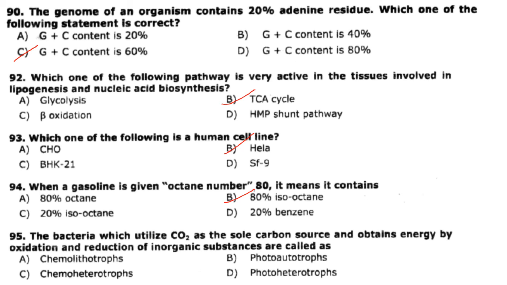So it is HeLa cell line, that is human cell line. Answer is B. When a gasoline is given octane number 80, it means it contains 80% isooctane. Answer is option B. The bacteria which utilize carbon dioxide as the sole carbon source and obtains energy by oxidation and reduction of inorganic substances are called as chemoautotrophs.